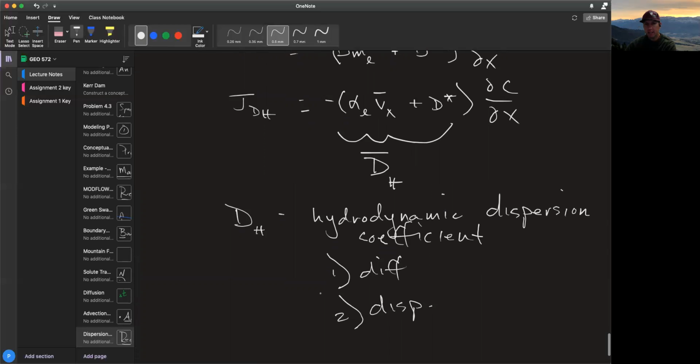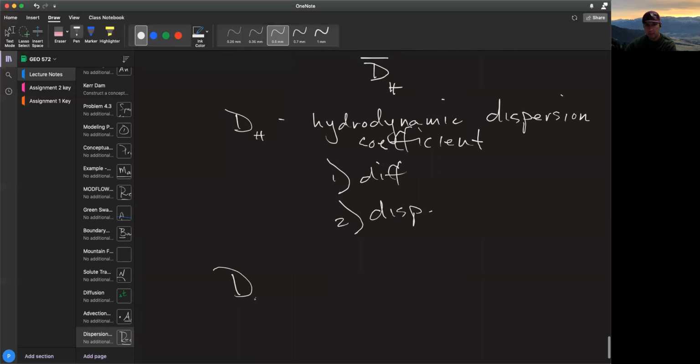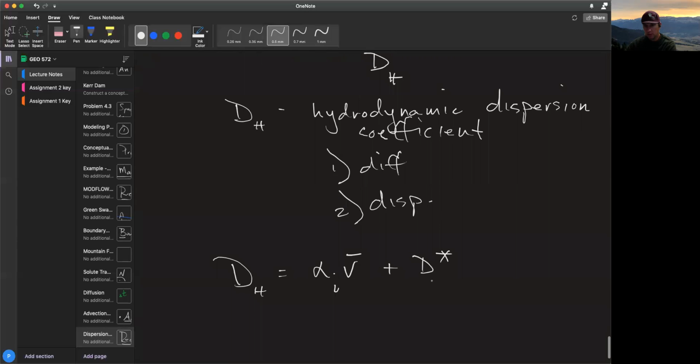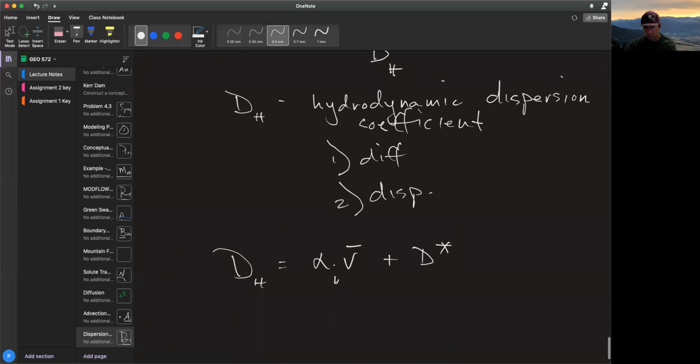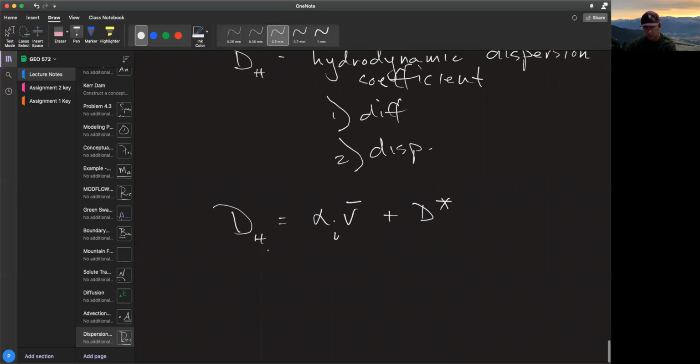It is equal to alpha_i V bar plus D star, where D star is the molecular diffusion coefficient, V bar is our average fluid velocity, and alpha_i is the dispersivity in the i direction.